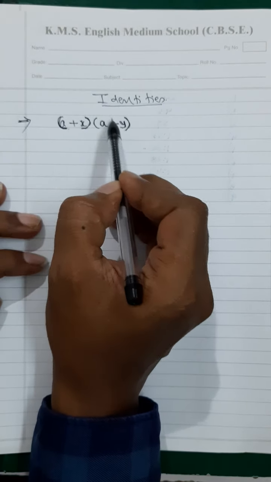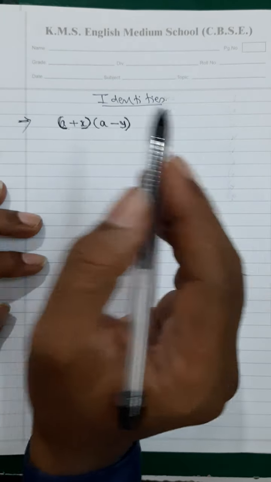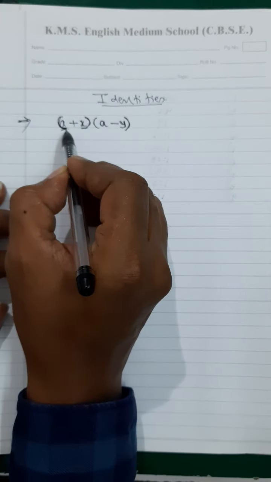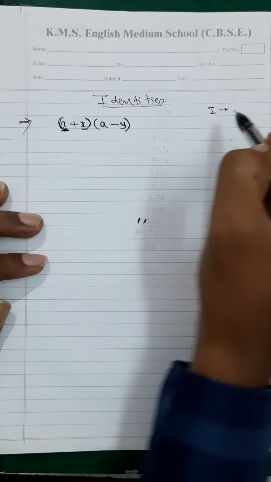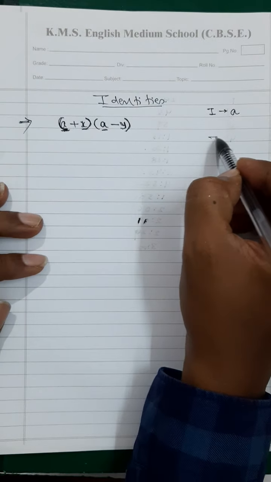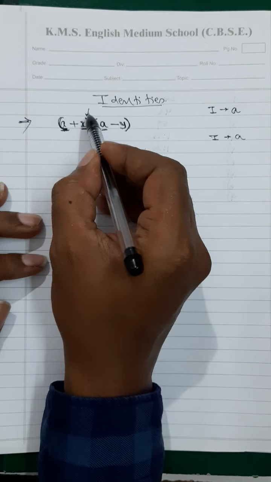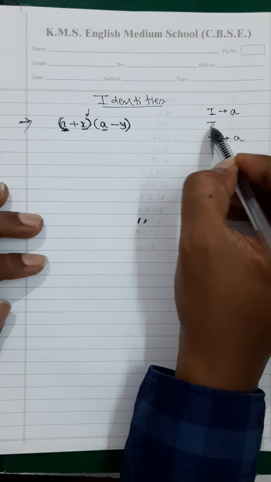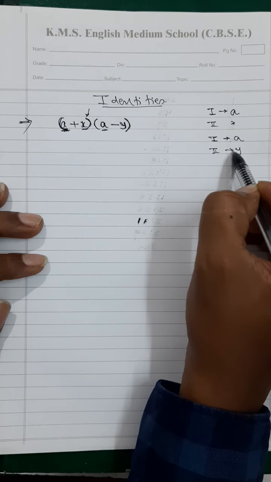If the two brackets are multiplying with each other, now look at this condition. Again, if you consider the first term, what is the first term? First term is a. In the second bracket, first term is a. Second term is different. Second term is x over here, second term is y over here.